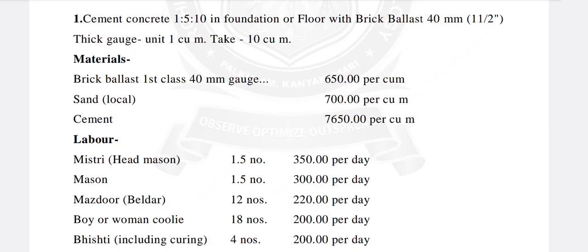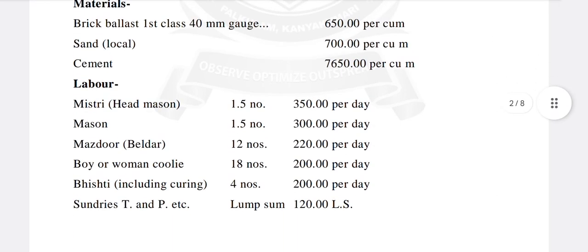For 1:2:4, that means 8.80 cubic meter of coarse aggregate, 4.40 cubic meter of fine aggregate and 2.20 cubic meter of cement. For 1:3:6, 9 cubic meter of coarse aggregate, 4.5 cubic meter of fine aggregate and 1.5 cubic meter of cement. For 1:4:8, that means 9.20 cubic meter of coarse aggregate, 4.60 cubic meter of sand and 1.15 cubic meter of cement.